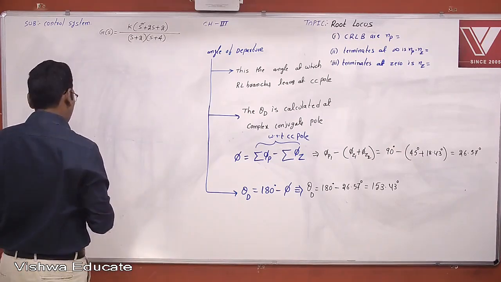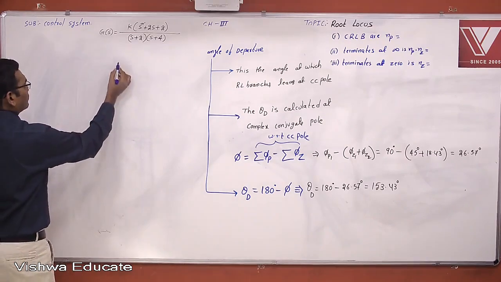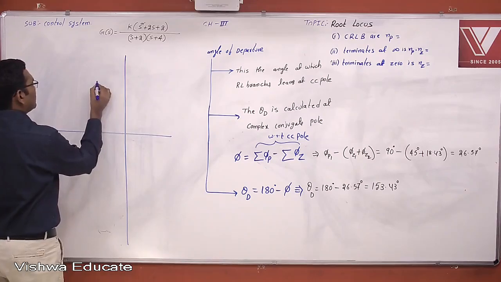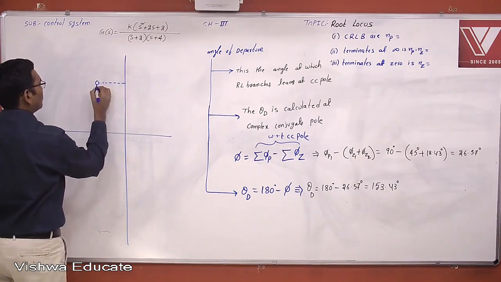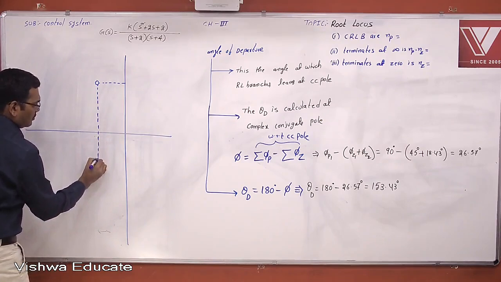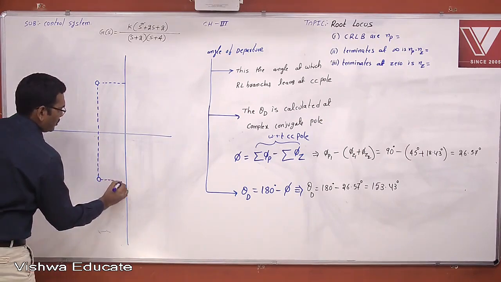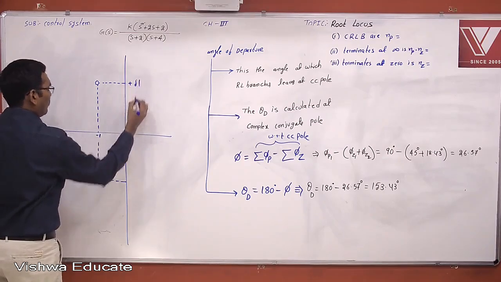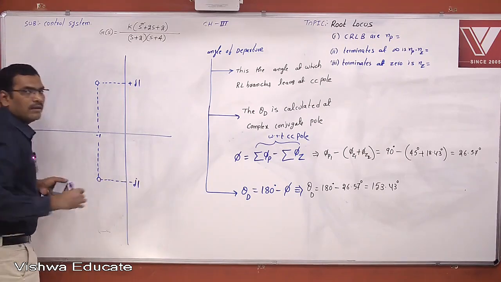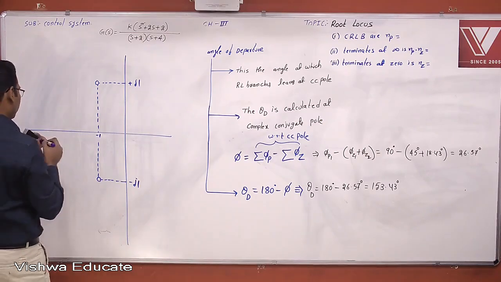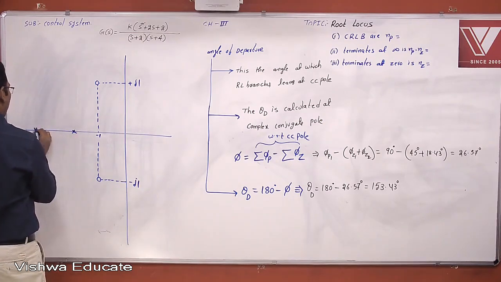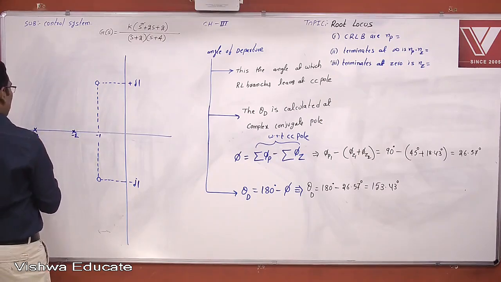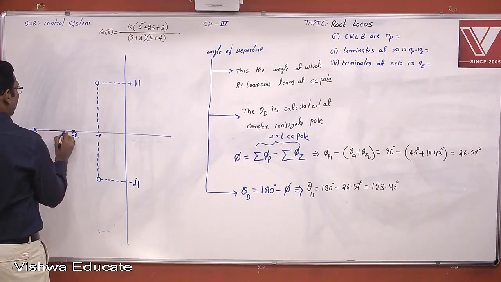Now the same situation here, but now these are complex conjugate zeros: minus 1 plus j1 and minus 1 minus j1. And these are the normal poles, minus 2 and minus 4. Now this is the root locus branch.